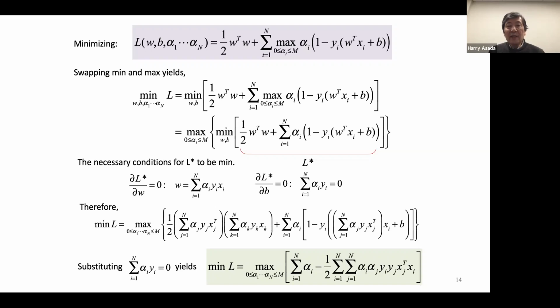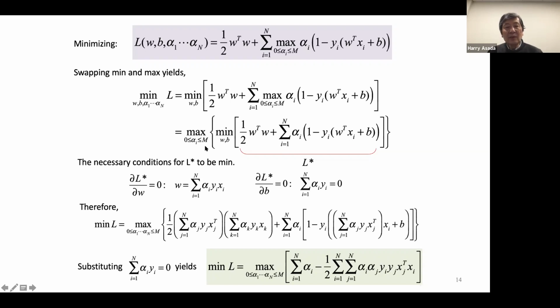So when you take this minimization, you have to do this for arbitrary values of the alpha i's. Suppose that you can do that. You can find the minimum values of w and b, which may be functions of alpha, and then in the outer loop you maximize that inner part, which has already been minimized with respect to w and b.